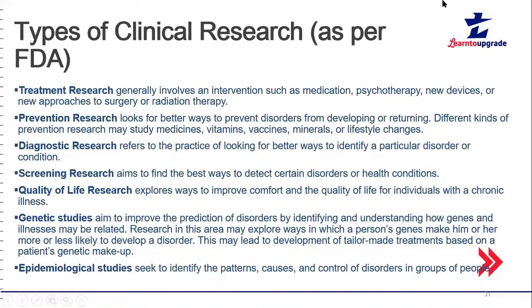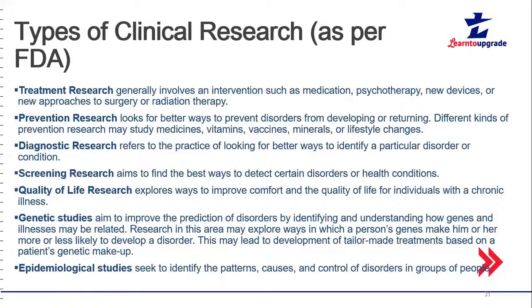Prevention and diagnostic are completely different. Diagnostic is something in which you are trying to identify a particular compound or so that you can identify the disorder. It refers to a practice of looking for better ways to identify a particular disorder.